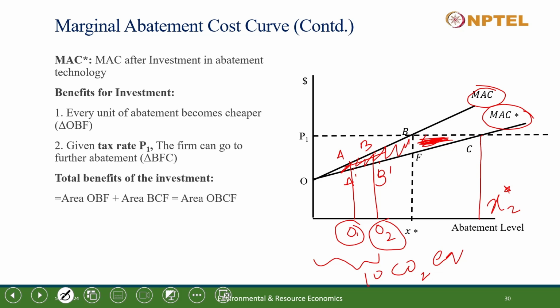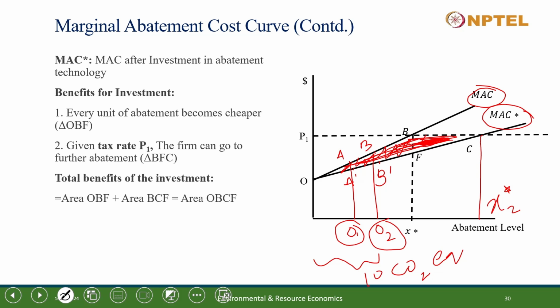So X2 star is the amount of emission which a firm will reduce. Then this triangle BFC is the credit the firm is getting. So total benefit will be OBF plus BCF, that is OBCF. This whole area is the benefit which the firm is getting for investment in the new technology.